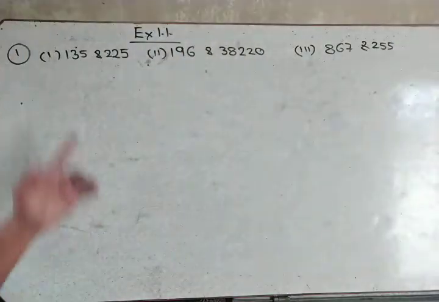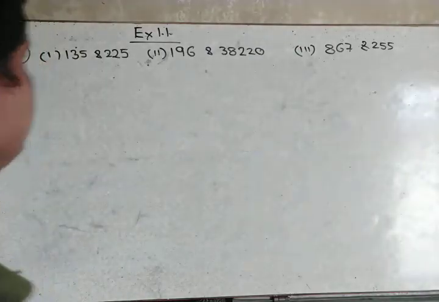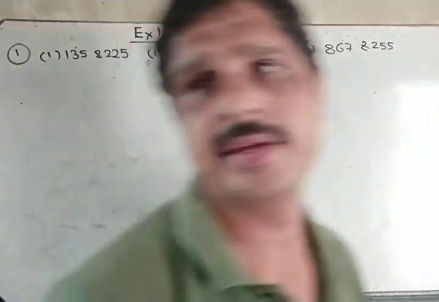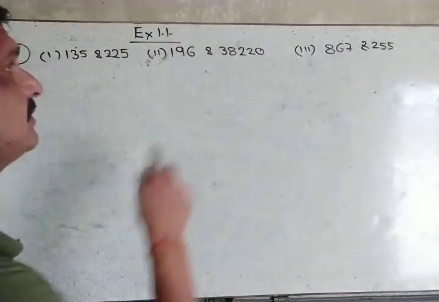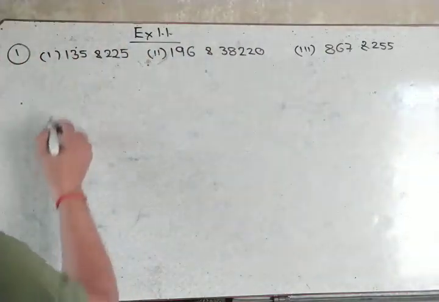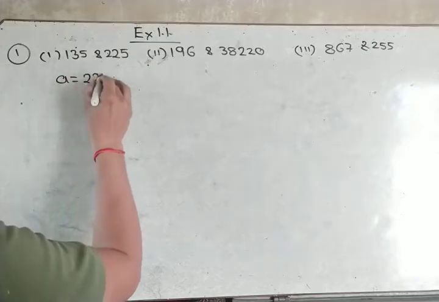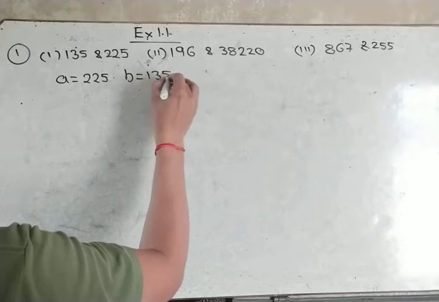So this is the first question of the exercise. We need to follow the lemma, the algorithm, in order to find out HCF of these numbers. Take A as 225 and B as 135.